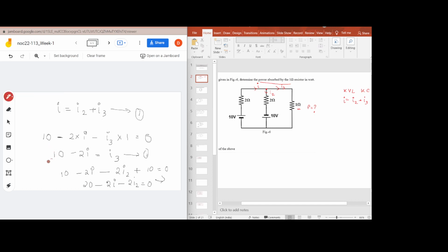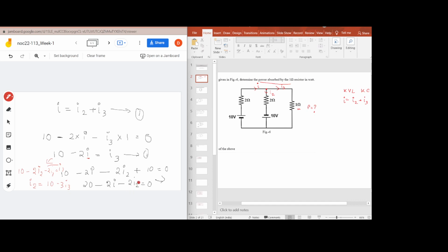So in this equation, we will substitute the value of I. So it will be 10 minus 2 into I2 minus 2 into I3 will be equal to I3, right? Now we can write I2 in terms of I3. So this will go like it will be 10 minus 3I3.